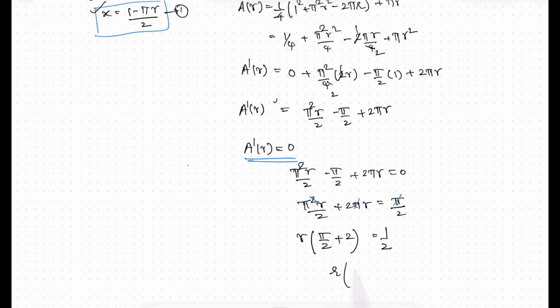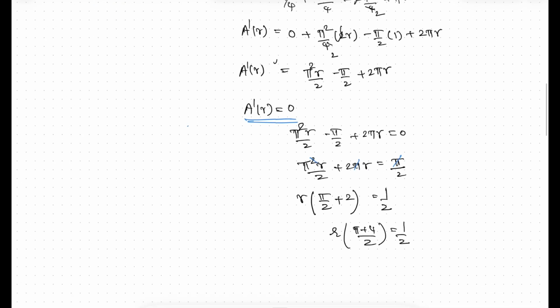Now r times (pi plus 4) by 2 is equal to 1 by 2. The 2 gets cancelled. Now r would be 1 upon pi plus 4. So this is your stationary point.